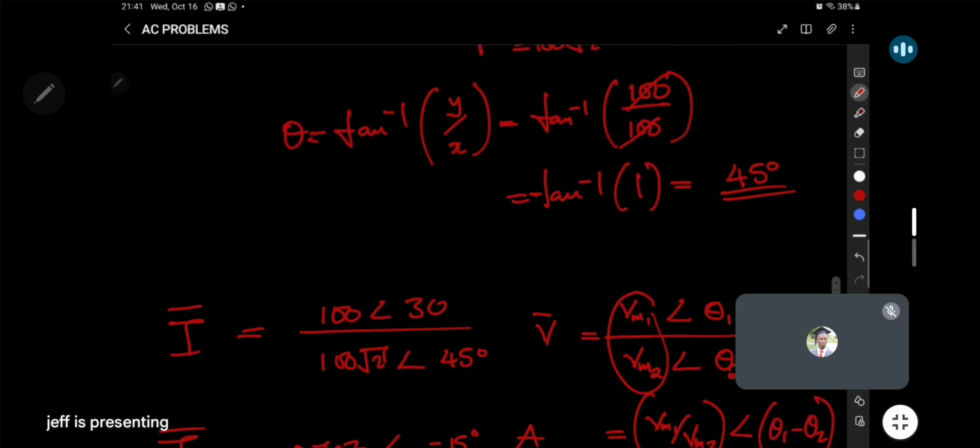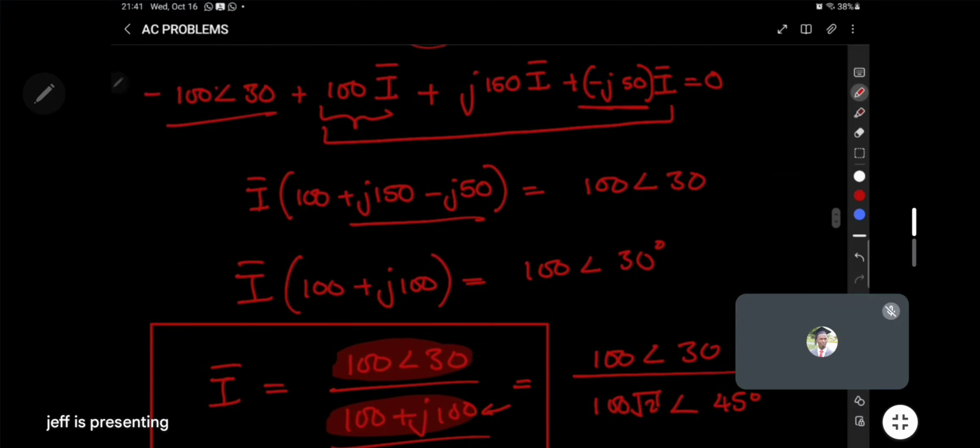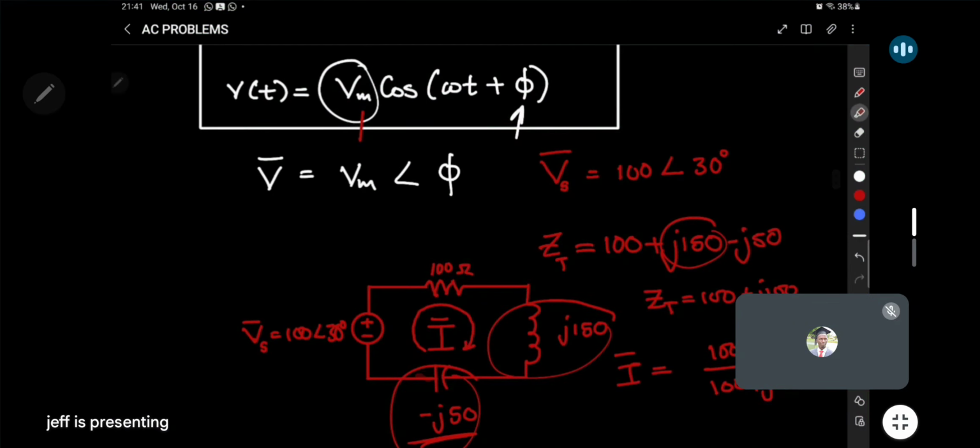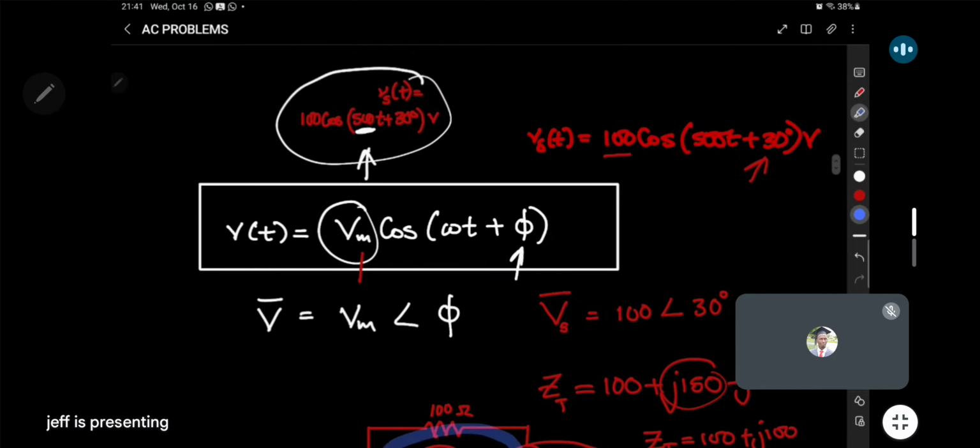Now, what is the significance of this current? It's the current that is looping around our circuit. Since this is a series connection, this current is what is going around our circuit, passing through all these circuit elements. The only thing is, it is in phasor form. But we have found it nonetheless.